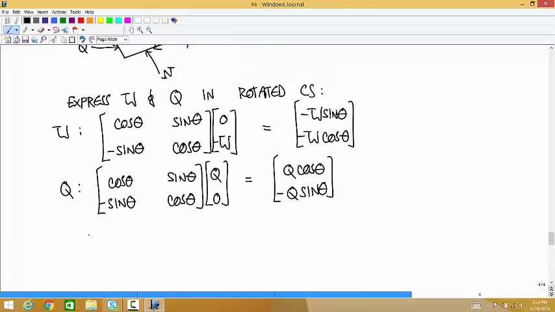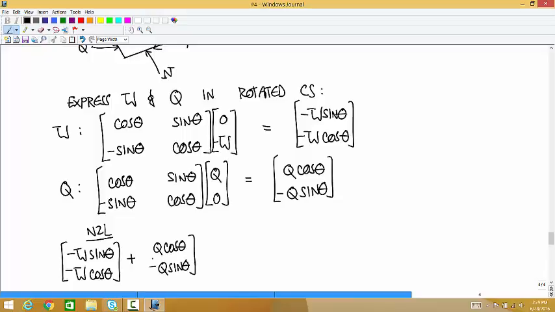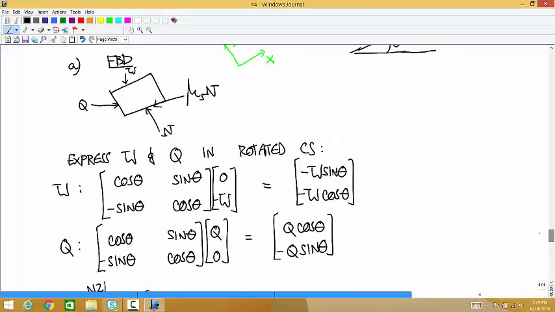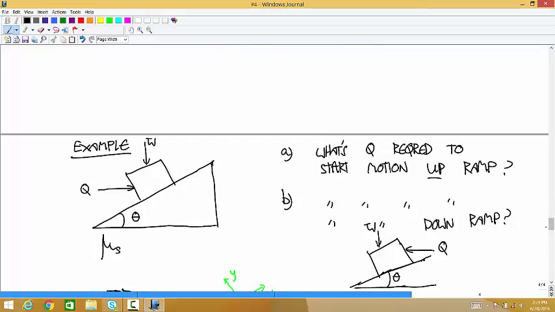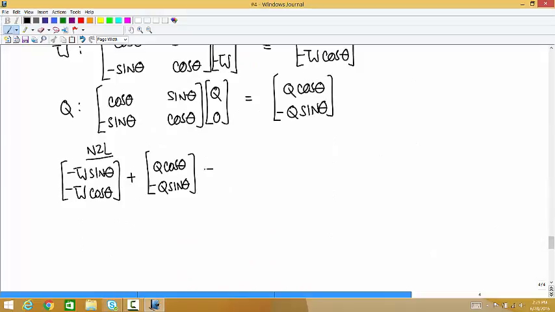And now we can write Newton's second law. So negative W sine theta, negative W cosine theta, plus Q cosine theta, negative Q sine theta, plus, what are the components for the normal force? 0, N. And what are the components for the friction force?